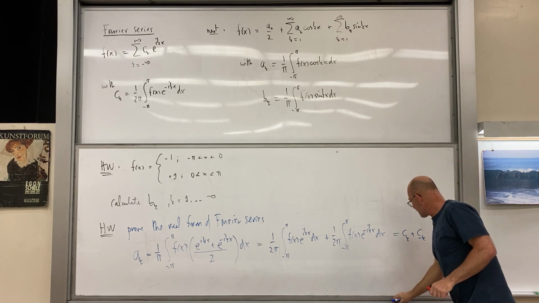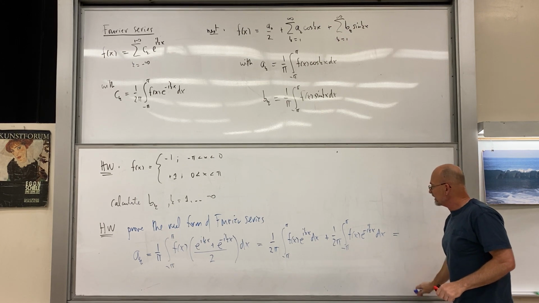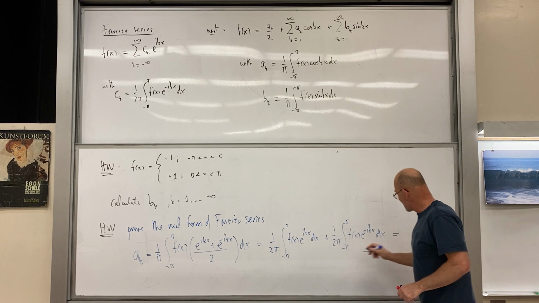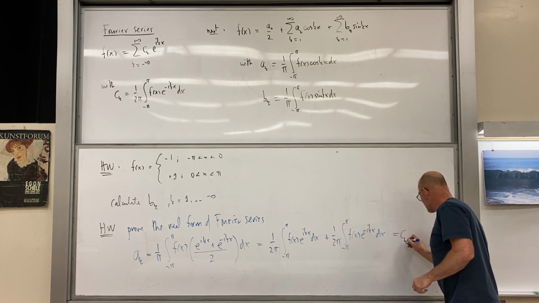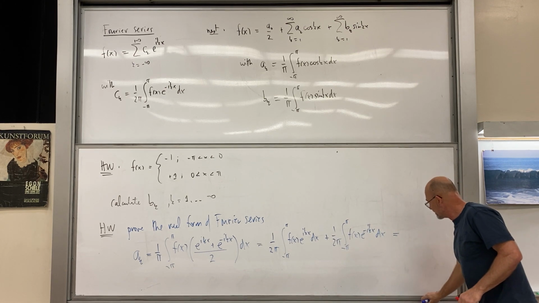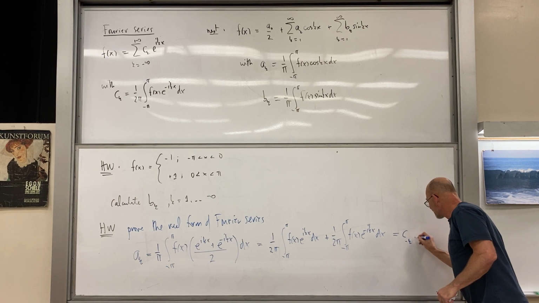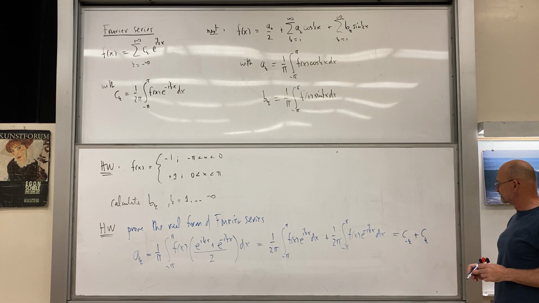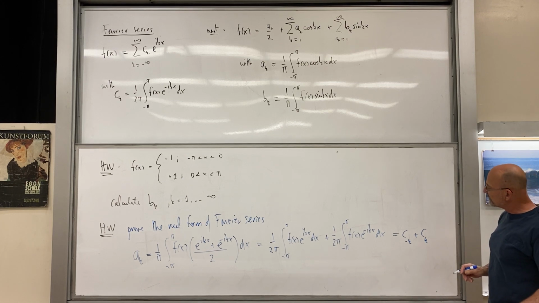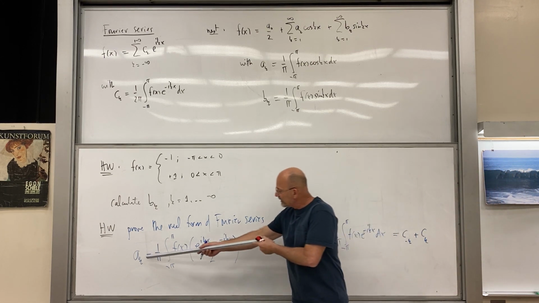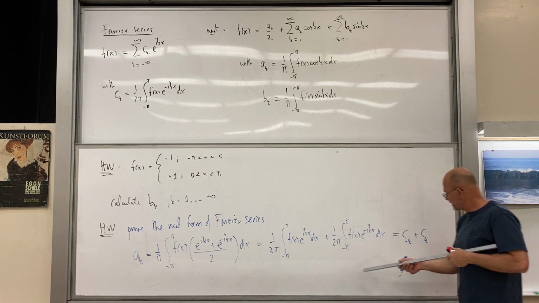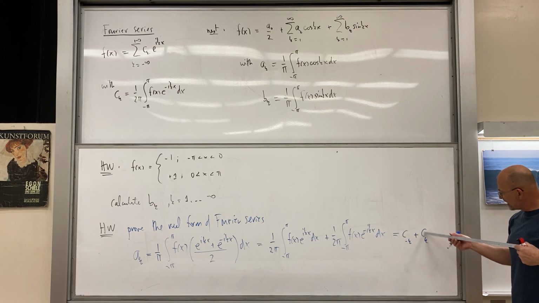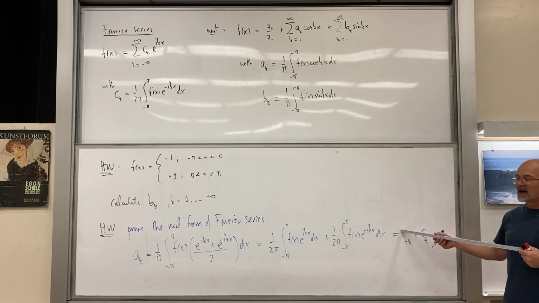In fact, not so fast. This one is c sub minus k. Keep the order here. C sub minus k plus c sub k. Well, that is to say that this a sub k is equal to c sub k plus c sub k complex conjugate.